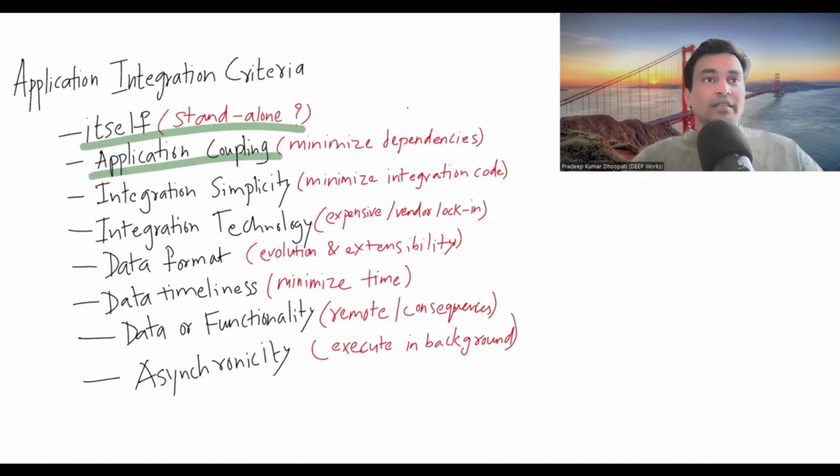The next criterion is integration simplicity. In an enterprise, developers should strive to minimize the changes to the applications which need to be integrated, and also minimize the amount of integration code when designing an integrated solution.